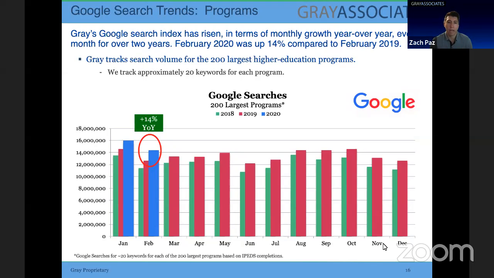For example, MBA would be an example for a business administration degree. We'll take a look at more examples for our program of the month in a few slides. Overall, Google searches are up for our programs 14%. So that's good to see, that for the academic programs we're seeing growth in the number of searches year over year.